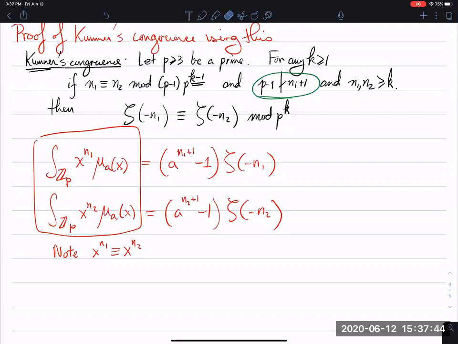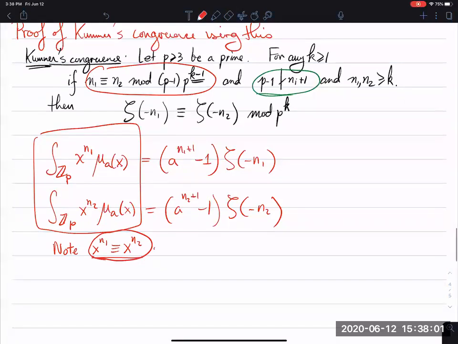Because n1 and n2 are congruent modulo p minus 1 times p to the k minus 1, these two will automatically be congruent modulo p to the k.